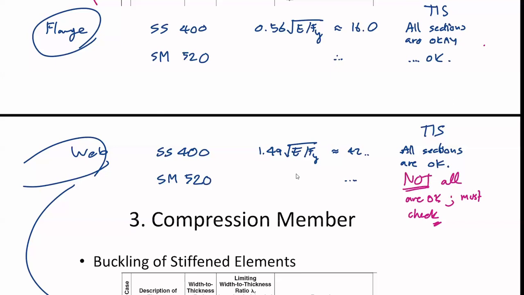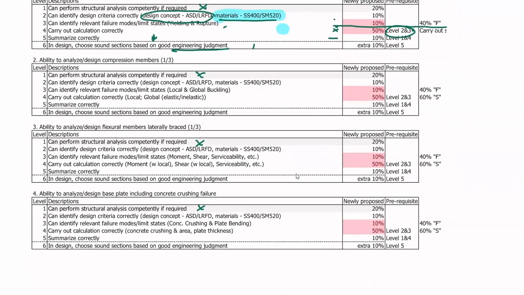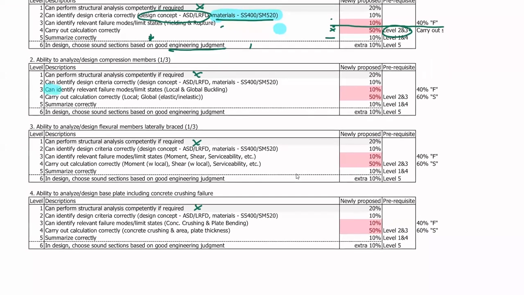All right, so you can come back and look at the rubric here. It says that for compression member here, see? Identify relevant failure modes, local and global buckling.